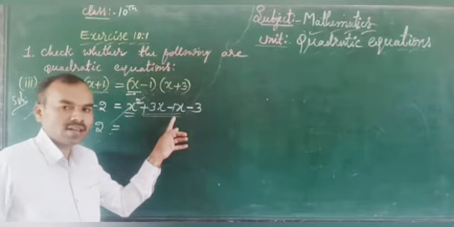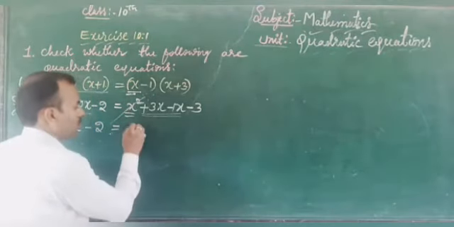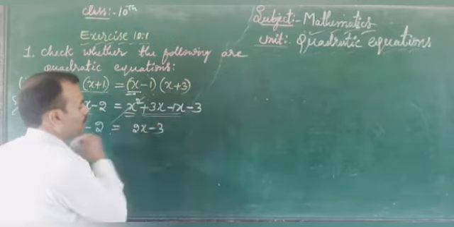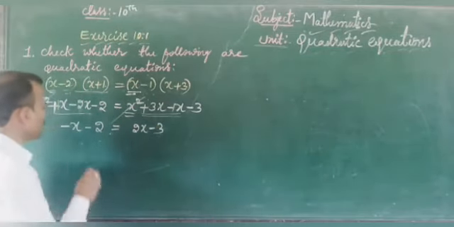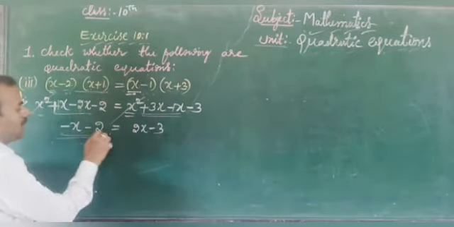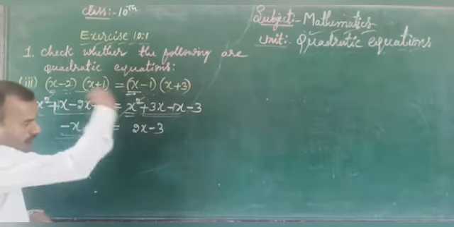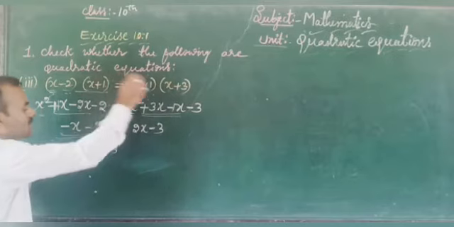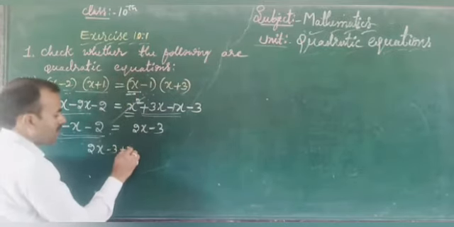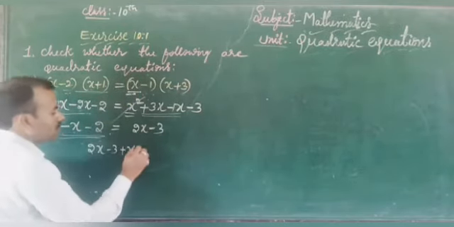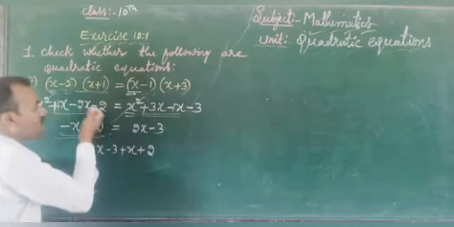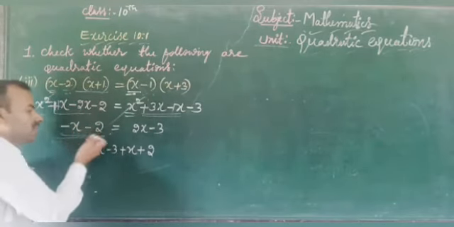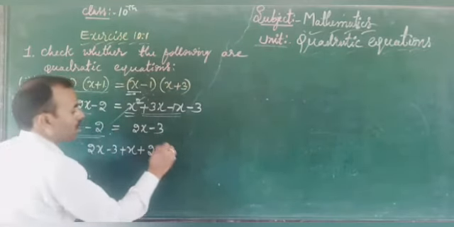2x plus 2x minus 3. Now transpose this one from LHS into RHS. 2x minus 3, minus x becomes plus x and minus 2 becomes plus 2. In the LHS it is 0.